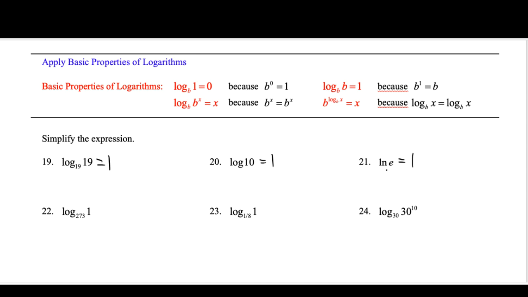So log base e of e is equal to 1 because of this property right here. Log base 273 of 1 is equal to 0 because the logarithm of 1 is always 0 regardless of what the base is, right? Same here, 0. Log base 30 of 30 raised to the power of 10, this is just going to be equal to 10 because of this property right here, right? Because the argument is an exponential with a base that's the same as the logarithm. So the result is just going to be the exponent of that. Okay?